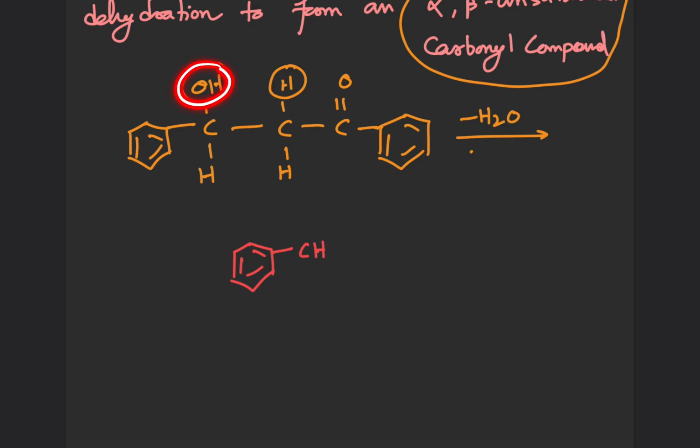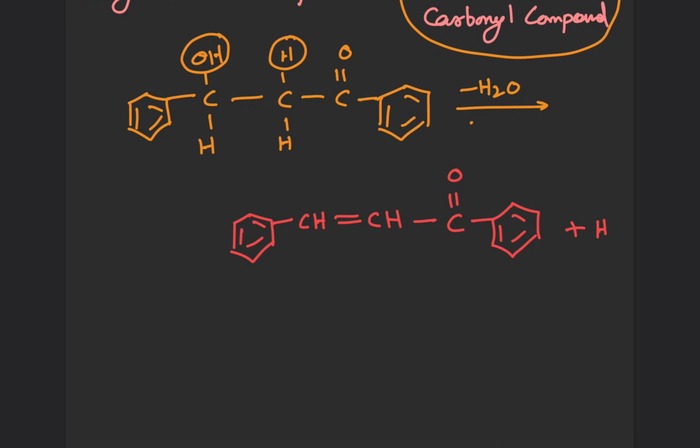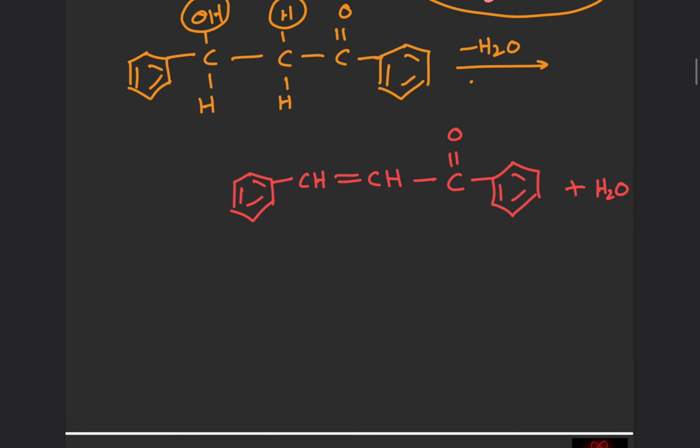There will be a double bond here because OH out, H out, so there will be a double bond here. So we will have CH double bond CH, C double bond O, and a benzene ring. And obviously a molecule of water. And this guy is known as benzylacetophenone.